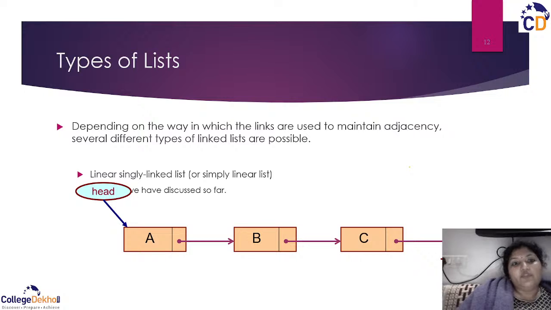What are the types of list we have? Depending on the way in which the links are used to maintain adjacency, several different types of list are possible. It could be a linear singly linked list, a doubly linked list, a circular linked list, or any type of linked list, right? We have already understood the singly linked list, in which a node has only two parts.